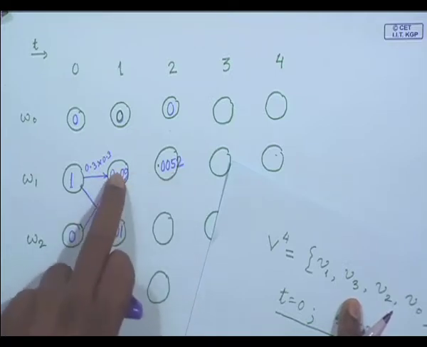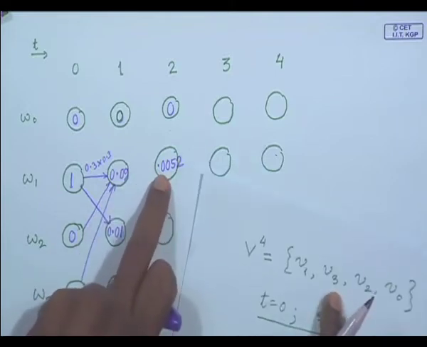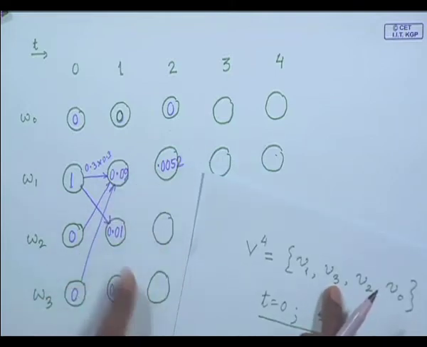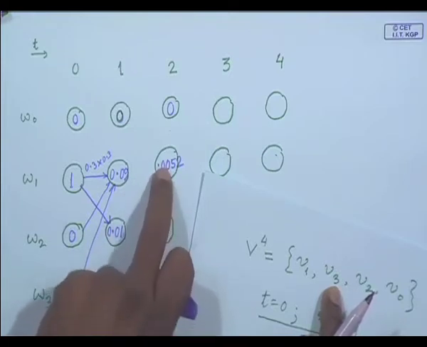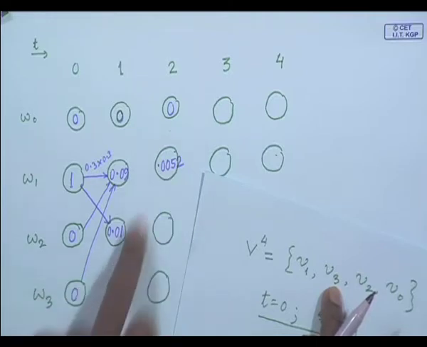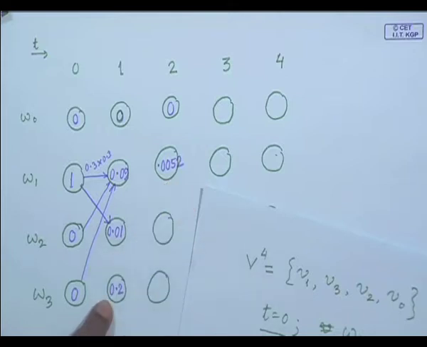So this probability multiplied by a 1 1 multiplied by b 1 3, plus this probability 0.01 multiplied by a 2 1 multiplied by b 1 3. Similarly from here. If I add all these different terms, what I get is 0.0052.